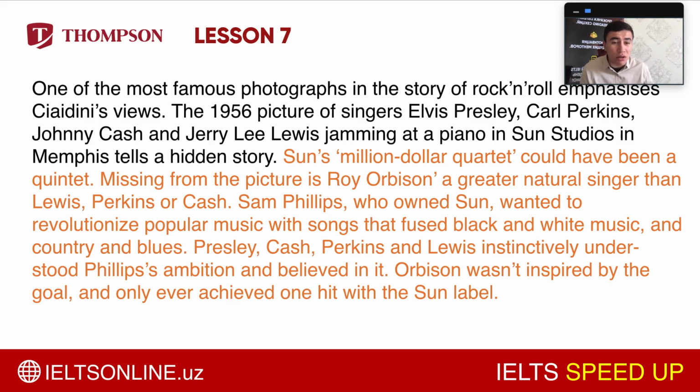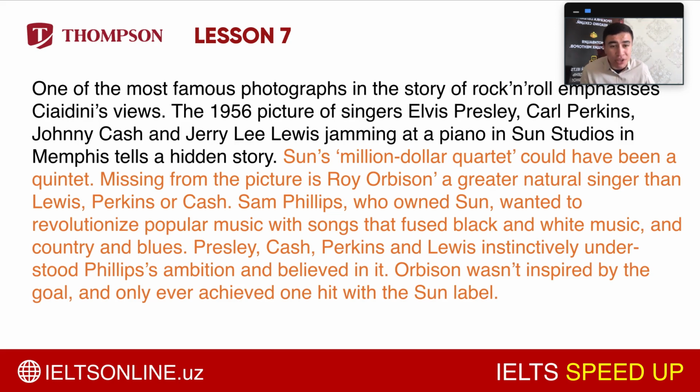Sun's $1 million quartet could have been a quintet. Missing from the picture is Roy Orbison, a great natural singer, greater than Lewis, Perkins, or Cash. Sam Phillips, who owned Sun, wanted to revolutionize popular music with songs that fused black and white music and country and blues.